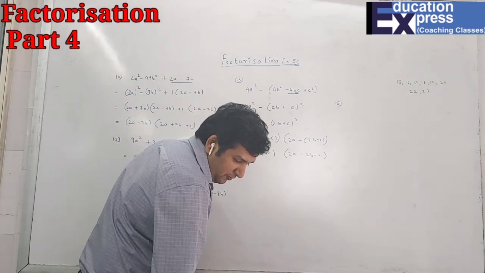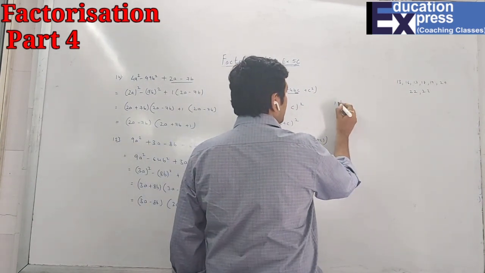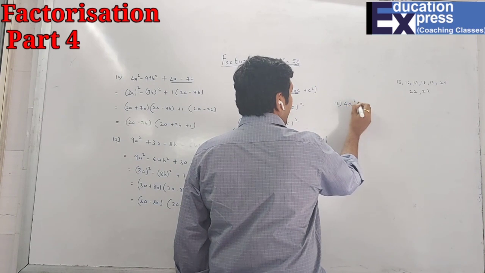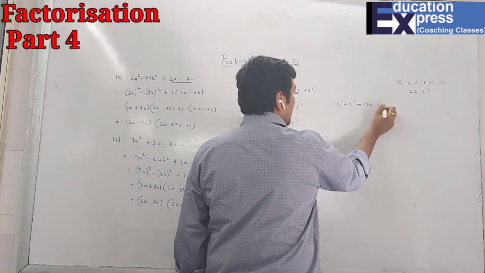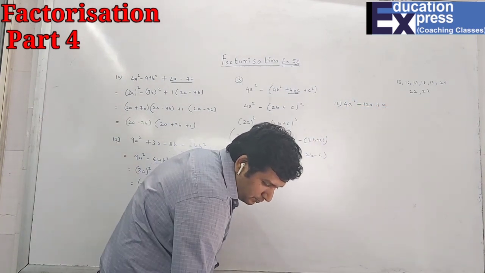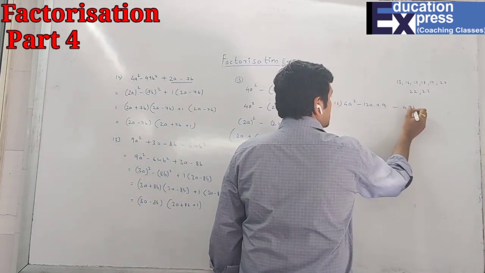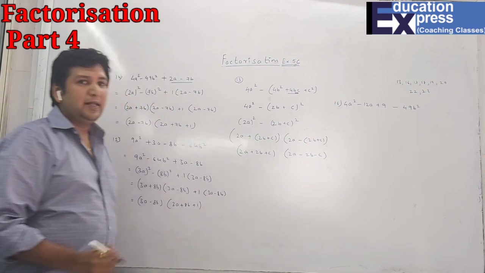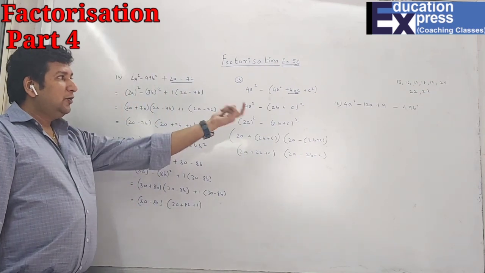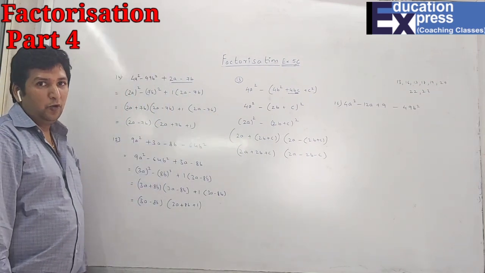Same way, 16. 4a square, 15 I have done already, minus 12a plus 9 minus 49b square. So now here, students, you can see that they have not made a group over here. We have to group them now.